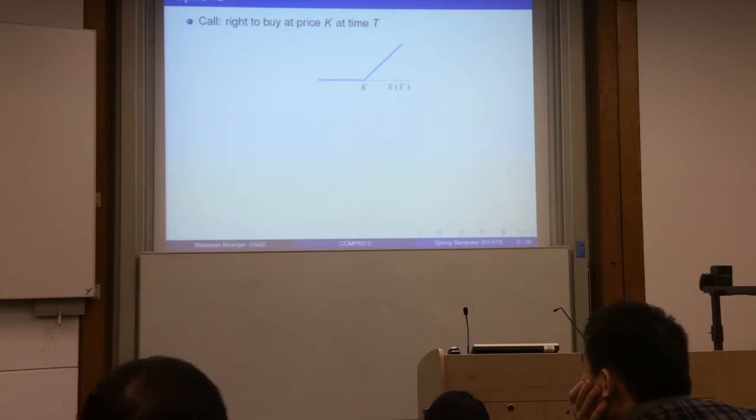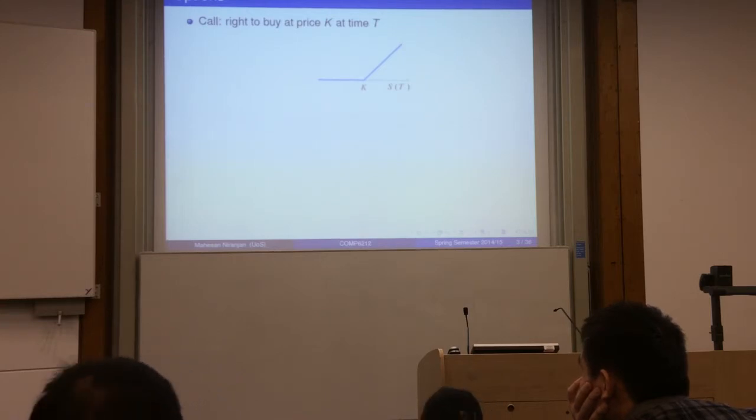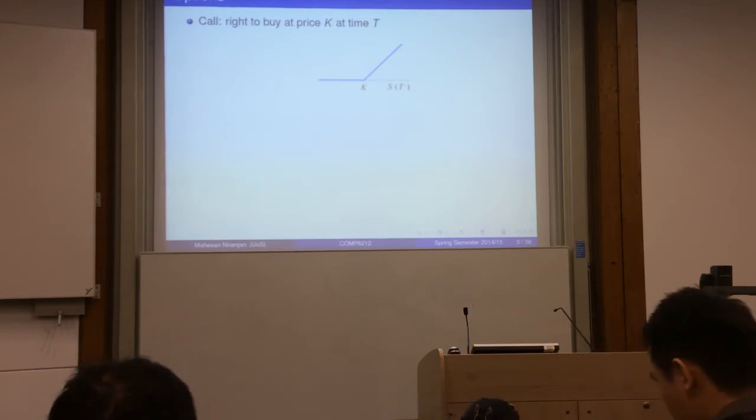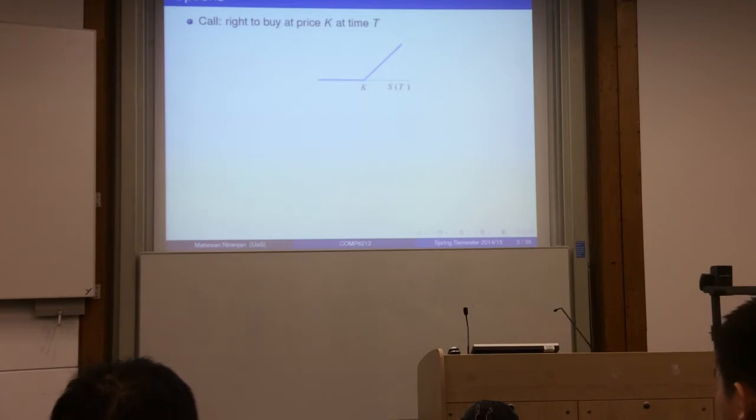So we wait 6 months. Southampton has done extremely well, and Southampton's true share price is very, very high, but you have this contract to buy it at K. You will come to me, you say, okay, here's the contract, you're going to sell me at K. So I'll sell you at K, you will buy it from me, sell it immediately, and make money.